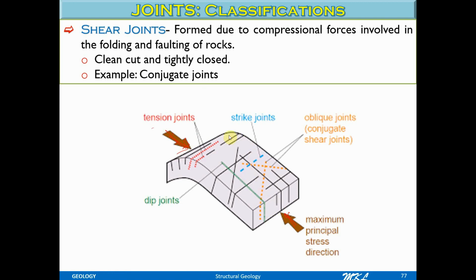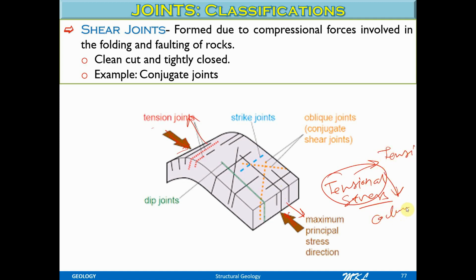A tensional joint is generally developed when you are applying tensional stress, which gives the columnar joint. For example, for a shear joint you will be using compressive forces like this. This is the compressive force.